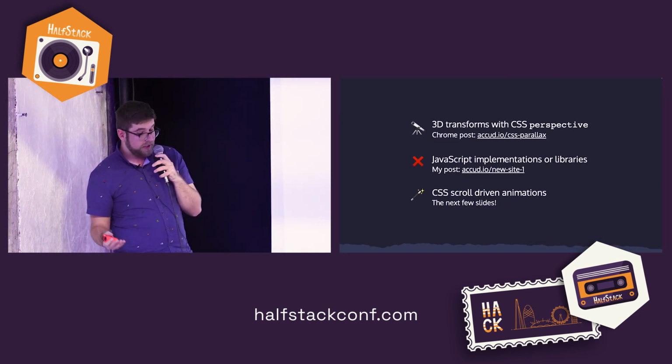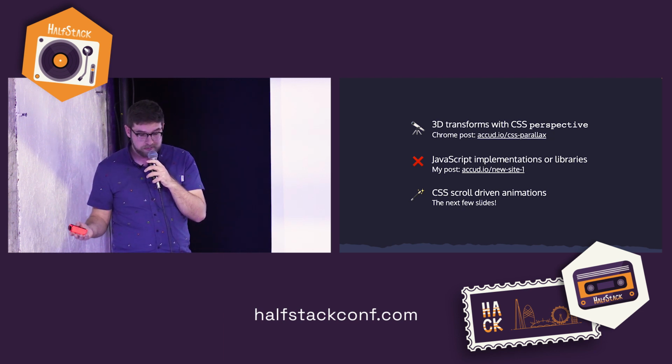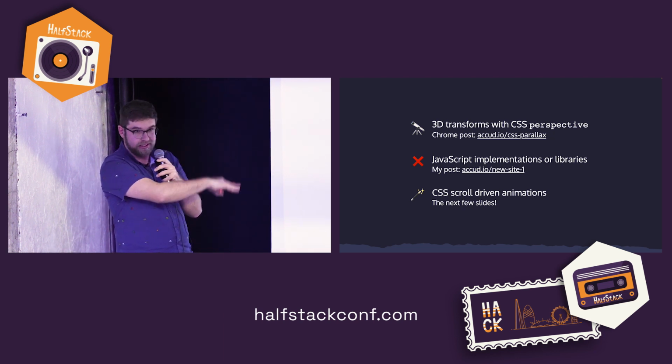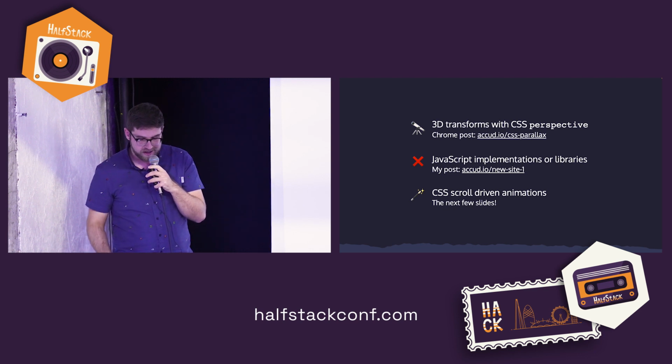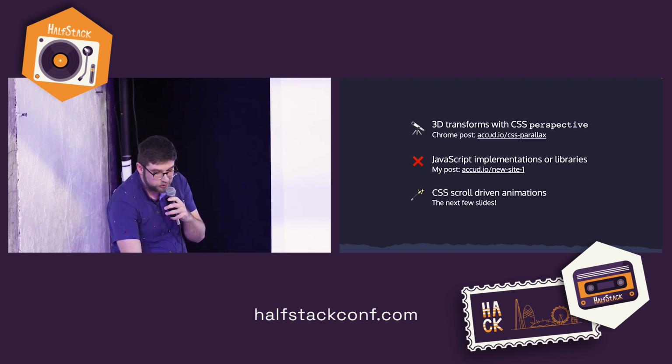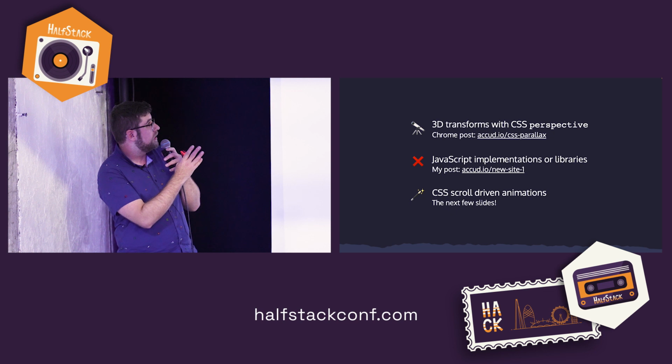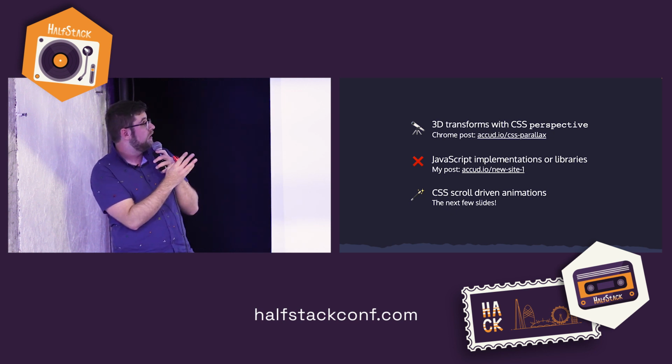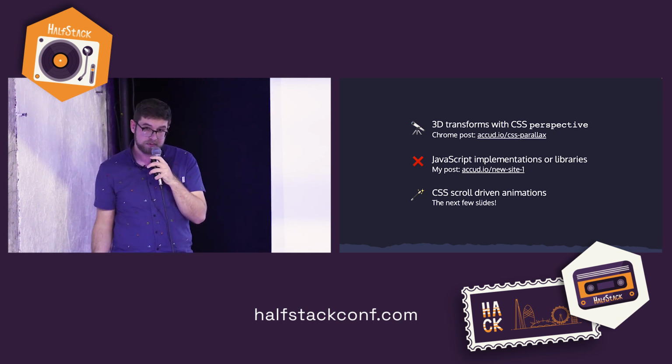There are a few different ways of implementing parallax on the web, and as a fun fact, this talk has had basically all of them at one point or another. Previously, the best, but also most tricky, was using CSS 3D transforms with the CSS perspective property.